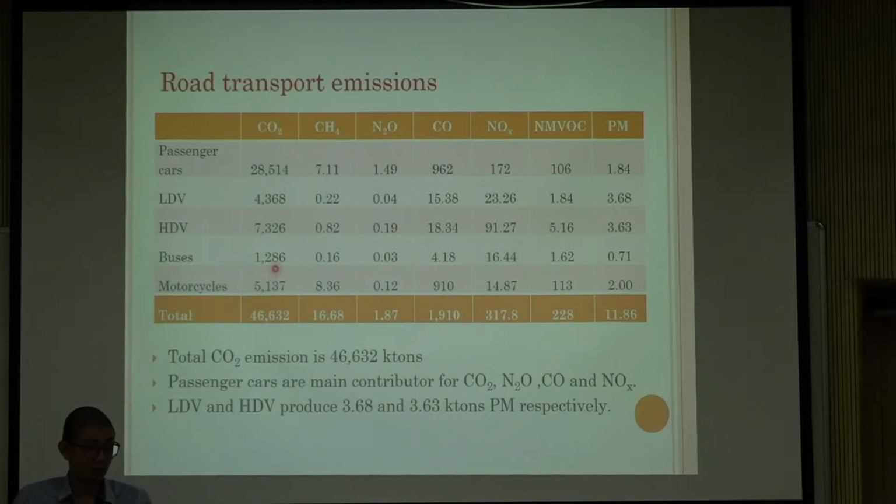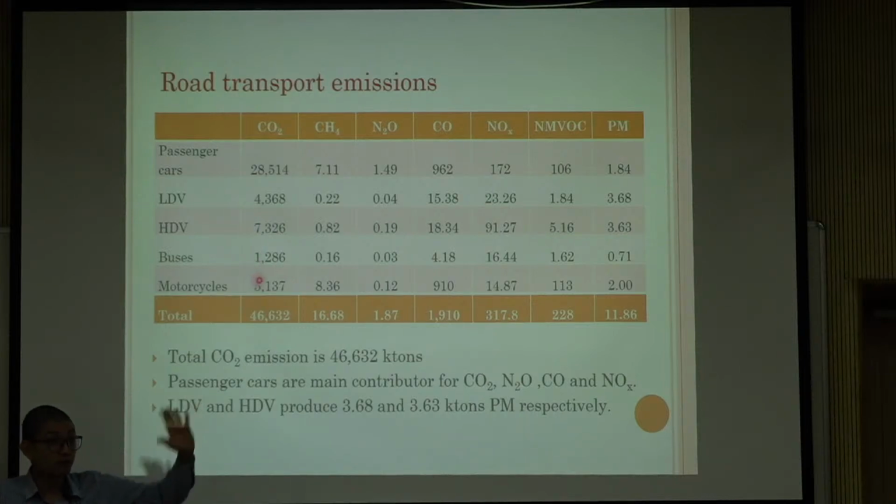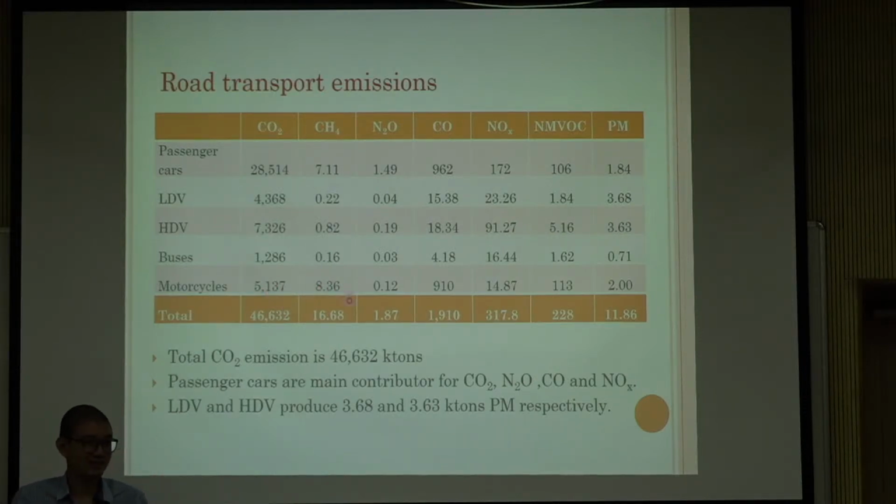So that's why after that we propose a few policies. We propose a few types of policy. Another policy that we propose is to replace with compressed natural gas. You heard of CNG before. I mean, this one is 20 years back, and people tended to use compressed natural gas.